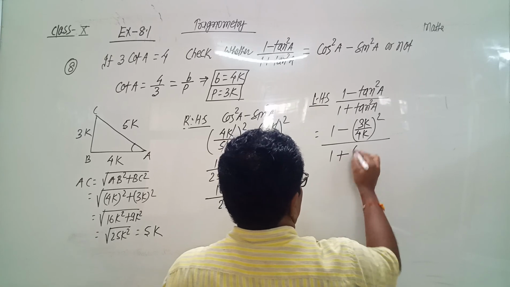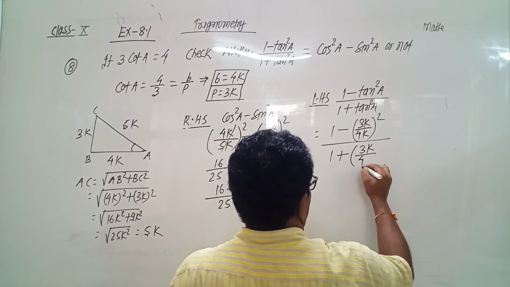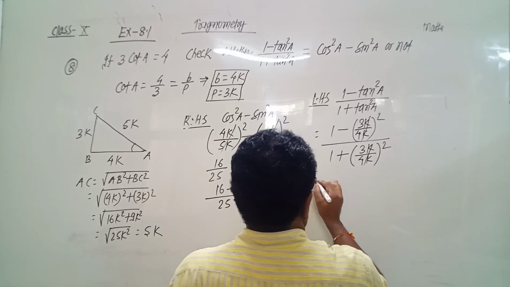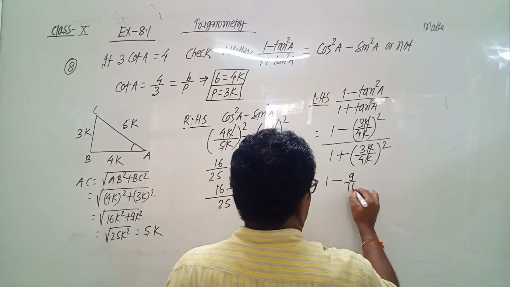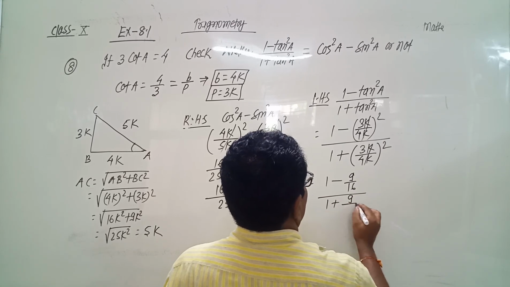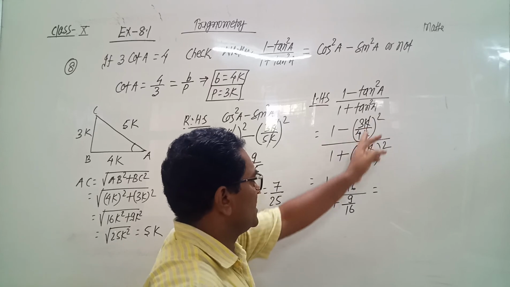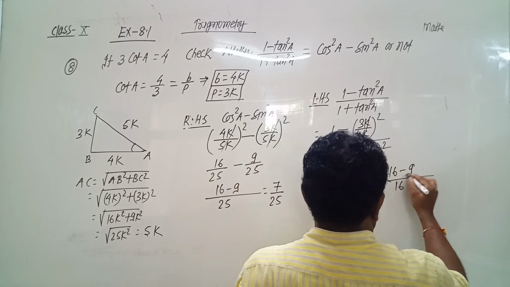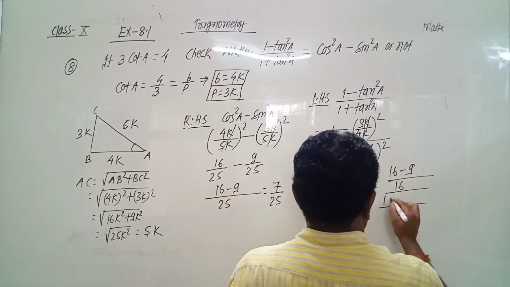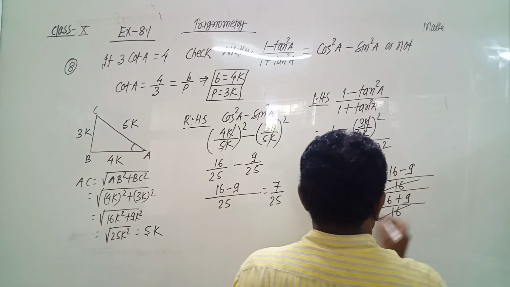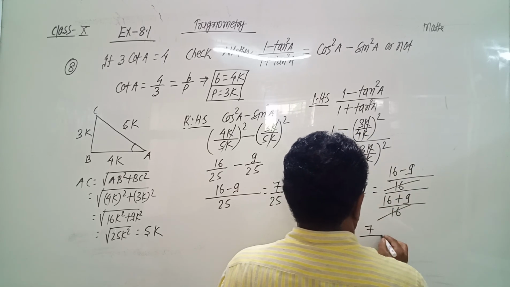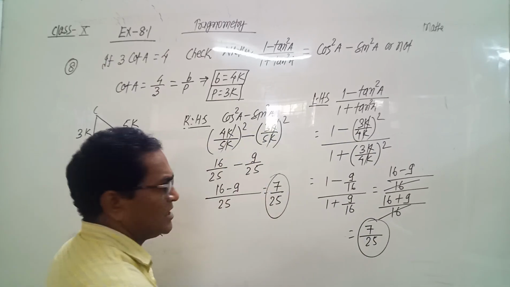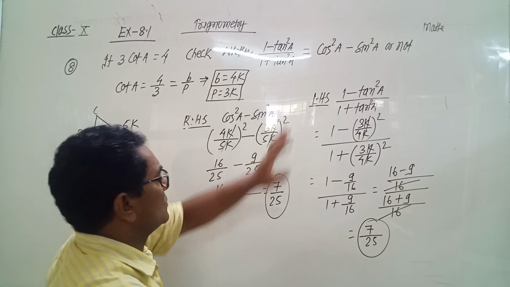So we get 1 minus 9 by 16 upon 1 plus 9 by 16. The square of 3 is 9, the square of 4 is 16, LCM 16. So 16 minus 9 upon 16 plus 9. 16 and 16 cancel. 16 minus 9 is 7 and 16 plus 9 is 25. So since LHS is equal to RHS, this is equal to this.